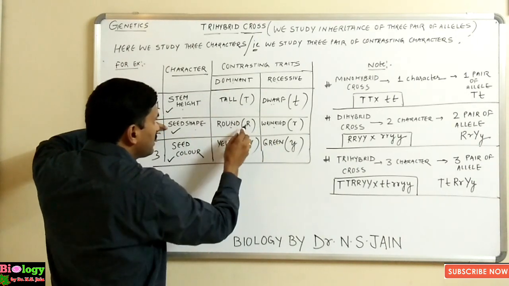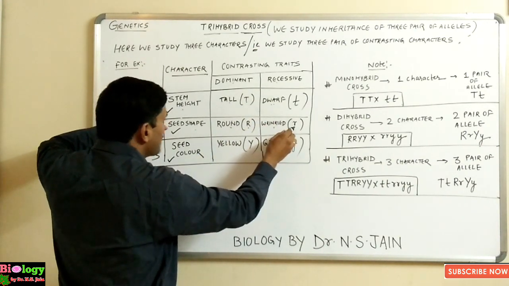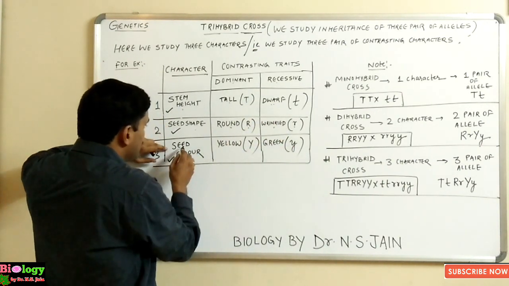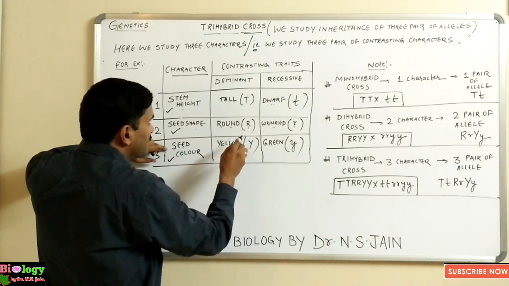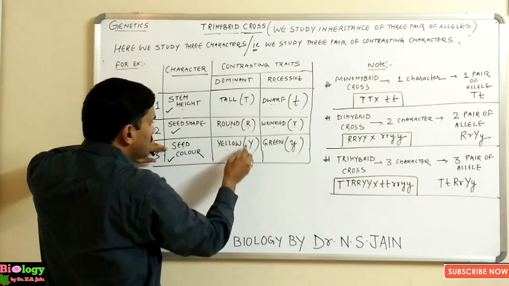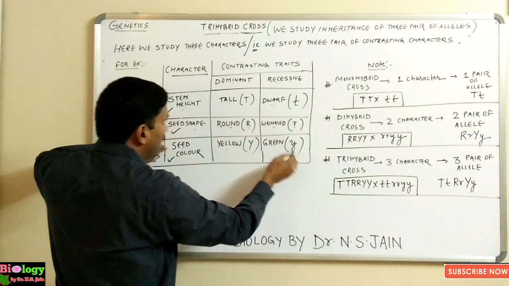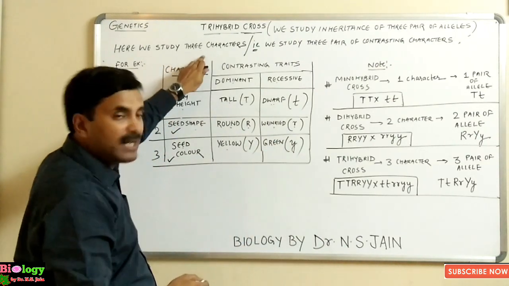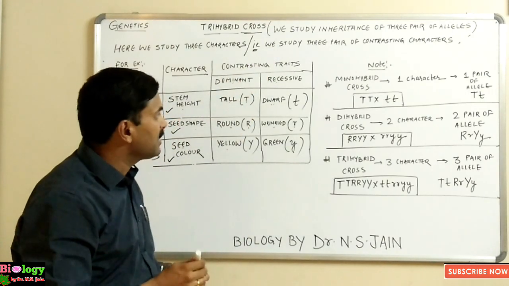Round is dominant, denoted by R. Wrinkled is recessive, denoted by small r. The third character is seed color, and the contrasting pair is yellow and green. Yellow is dominant, denoted by capital Y. Green is recessive, denoted by small y. So here we have considered three characters and we are studying three pairs of contrasting characters.